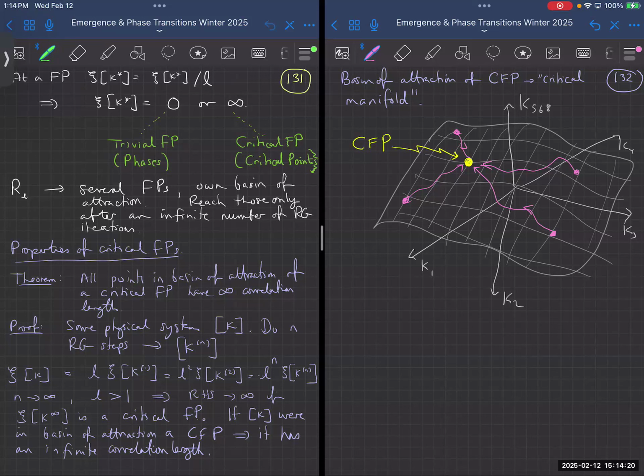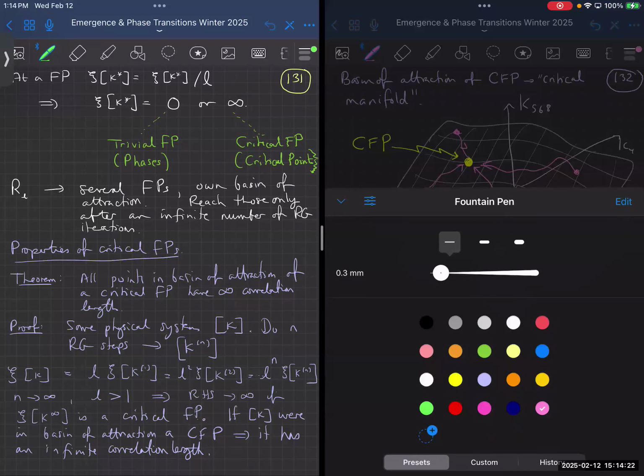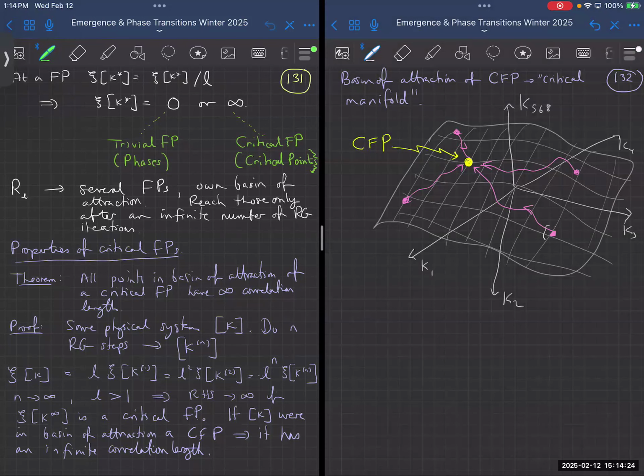But each of these physical systems, this one over here, this one over here, this one over here, these circles are sets of coupling constants, and therefore they describe different physical systems.